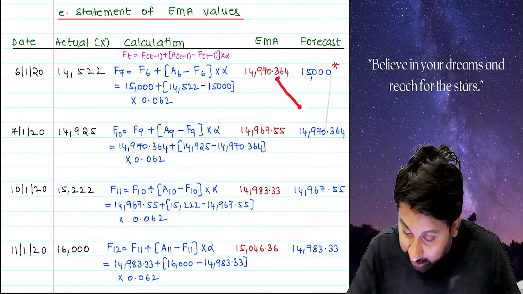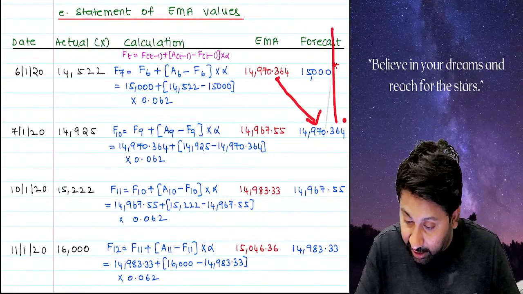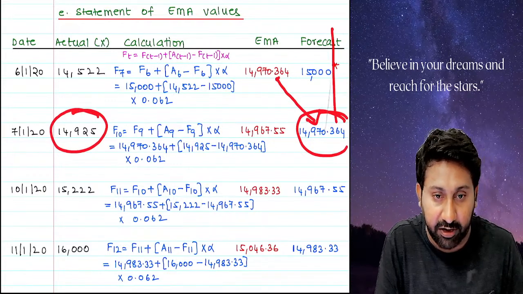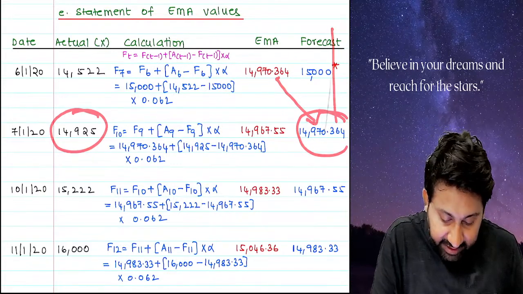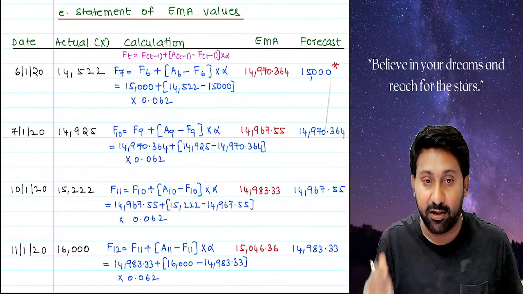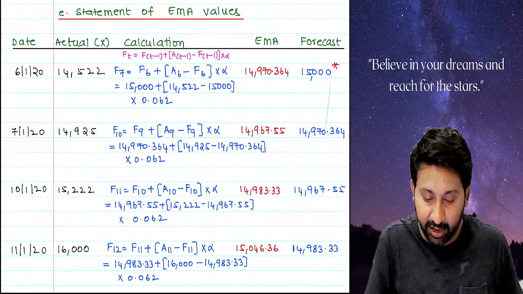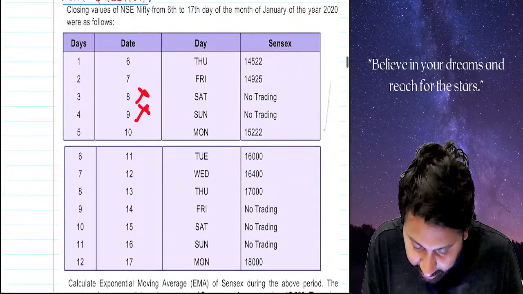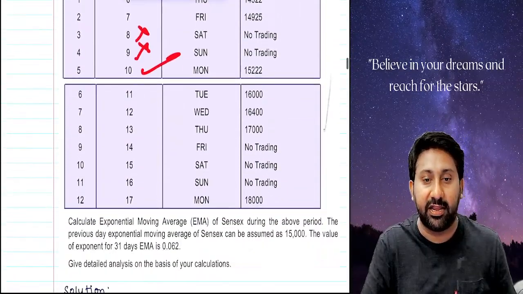Now tell me, day 7, we are forecasting 14,970 to occur on day 7. But actually it became 14,925. So on the 7th day, we will not forecast 7, we will forecast the next trading day. What is the next trading day given in the question? 8 no trading, 9 no trading, 10th only trading is there.